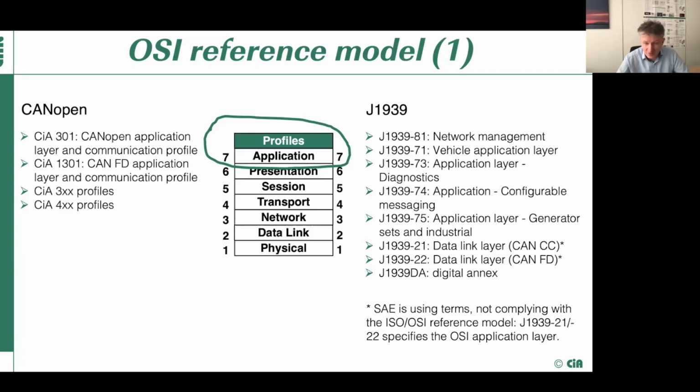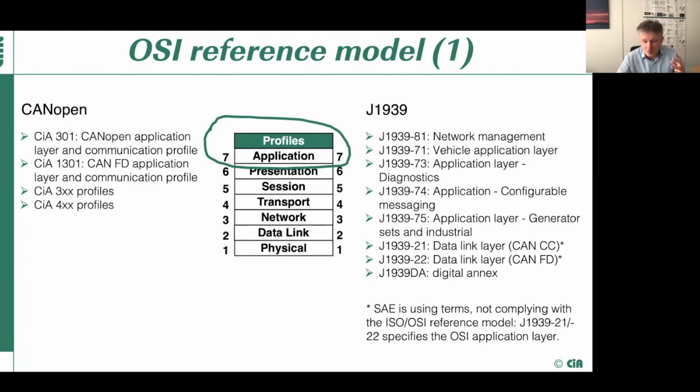What are the profiles? While the application standardizes how the data is represented and the protocols needed to transmit and receive this data, the profile actually standardizes the application type used.